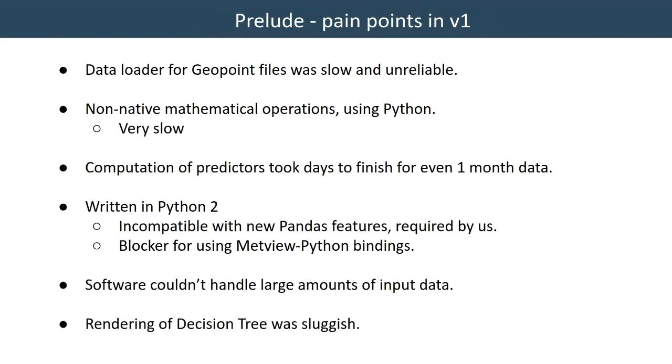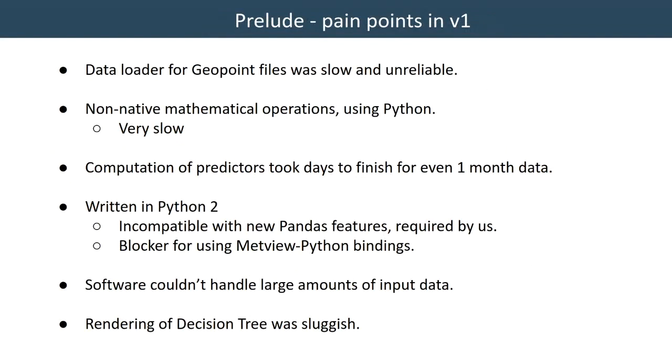But before I do that, I'll go through some of the pain points that we had in the previous version of the software. It's funny to say because I wrote it. And let's just say that it was not that good. So the data loader for ESoWC was very slow and often unreliable.